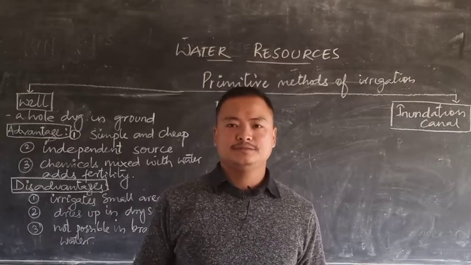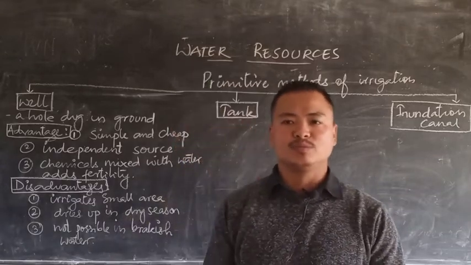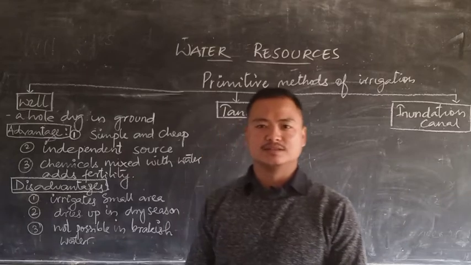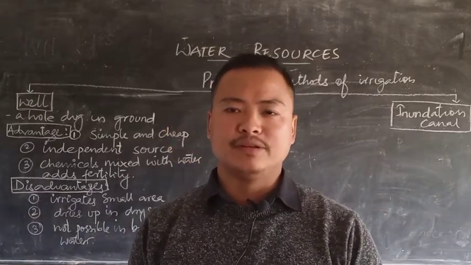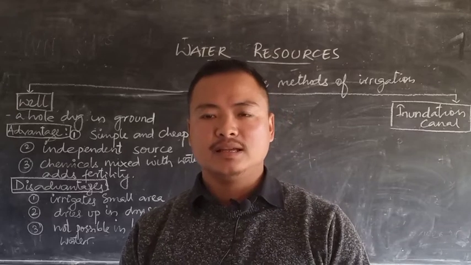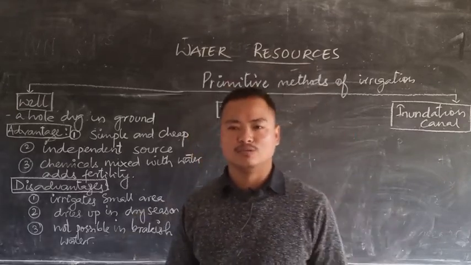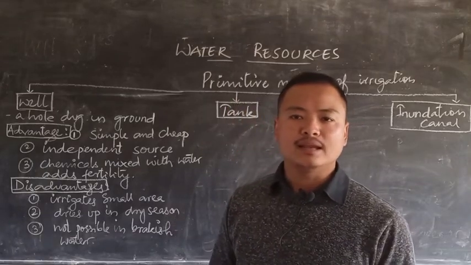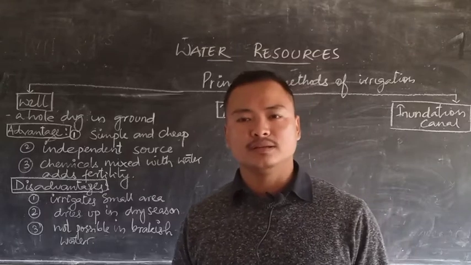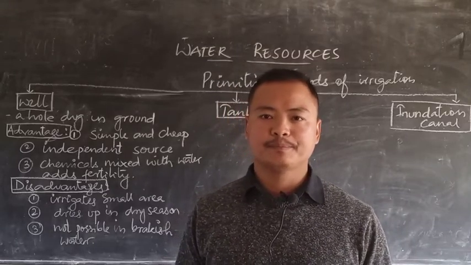First off, the primitive method of irrigation to be discussed is well irrigation. A well is a common feature that we have seen even in our areas. It is just digging the ground out to extract the underground water. Now, this well irrigation is very much prevalent in the northern part of the country.